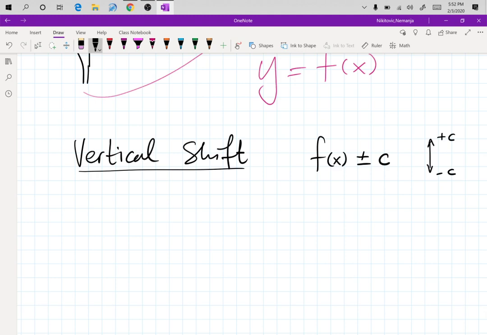I can have y equals x squared plus 2. The way this works is you draw the default function or the parent function, whatever you want to call it. You draw that one. You can use a dashed line if you want to.